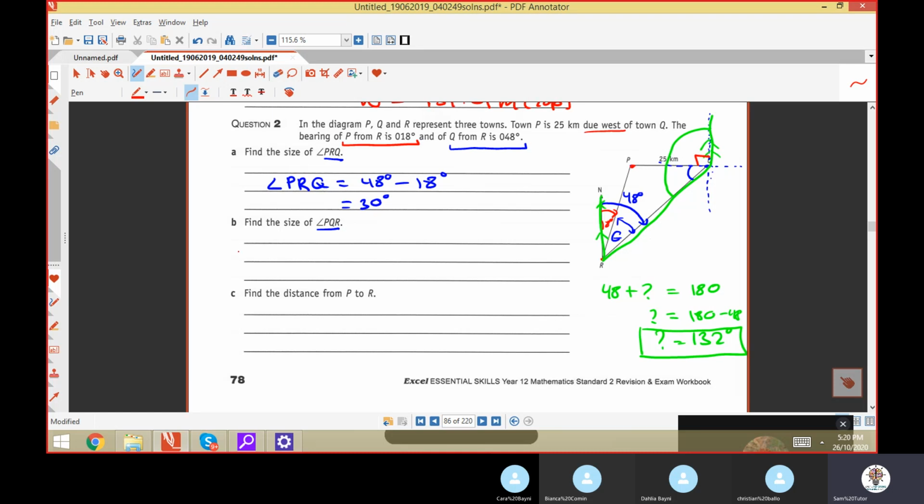So can we do 132 minus something? 90. Why? Because each bearing. Yeah, but why is it 90? Because of this property here. If you flip that to this side, you'll get that diagram in green.